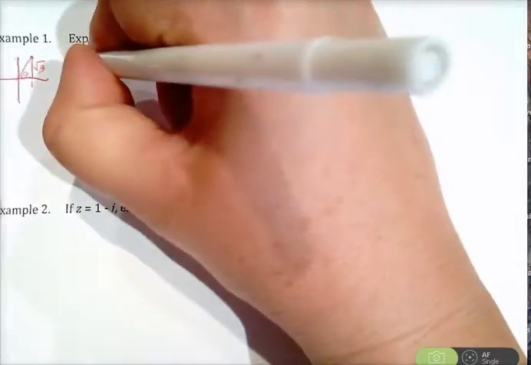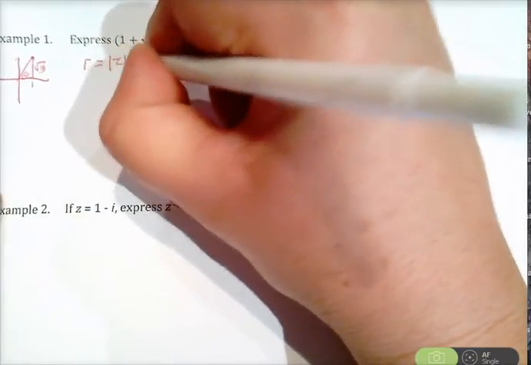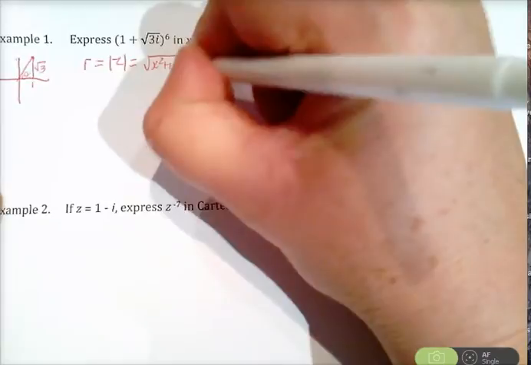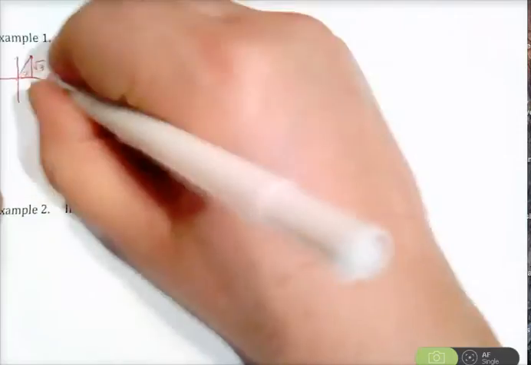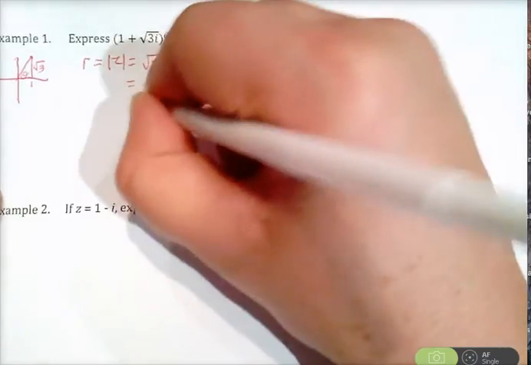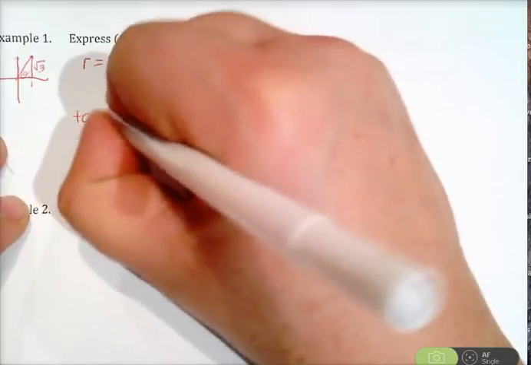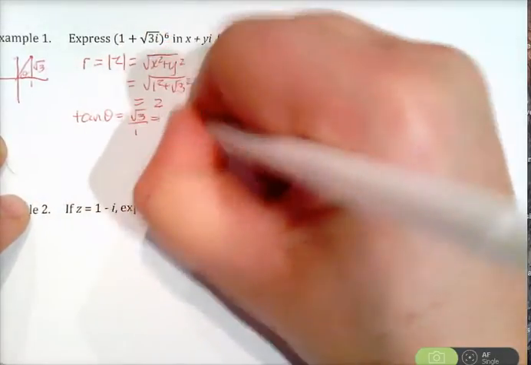And we can just say that r is modulus of z, which is the square root of x squared plus y squared, which is the square root of 1 squared plus root 3 squared, which is the square root of 4, which is 2. And tan theta is root 3 on 1, which is root 3.